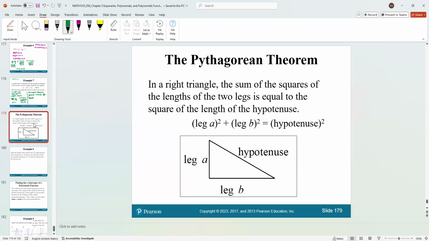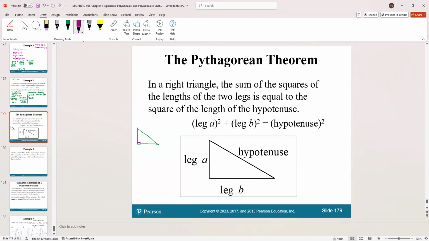The hypotenuse in this case, remember, is very important. If you have any right triangle, one of the angles is 90 degrees, and that's why we always mark it, just to be sure.